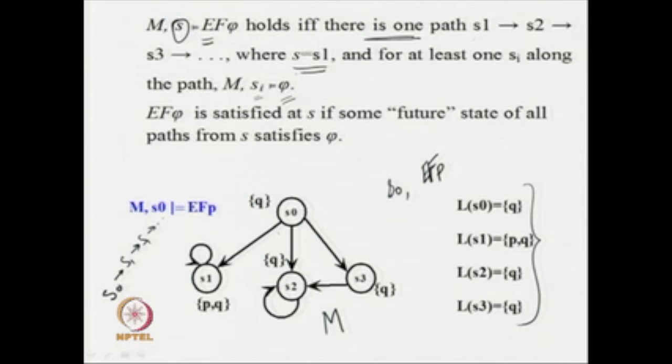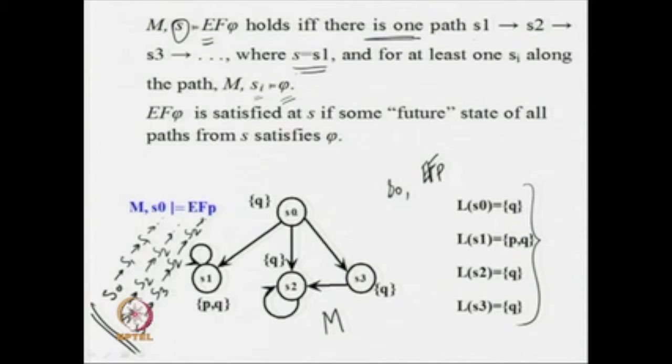The second path is from S0 to S2, and from S2 there is a transition and so on. I have slightly changed the model. The third path is S0 to S3, from S3 a transition to S2, then a transition from S2 to S2 and so on. These are the 3 possible paths that we get from this particular state S0.